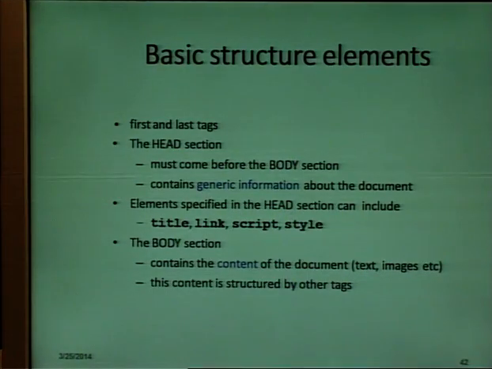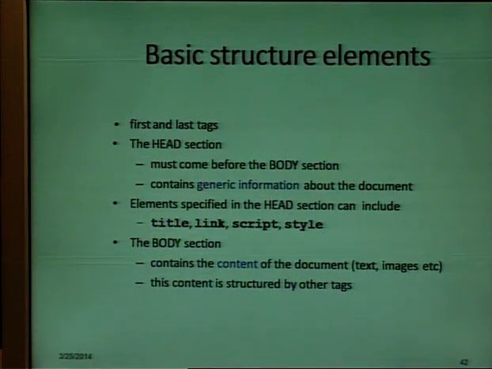By putting a heading you can differentiate between different web pages, by putting a head section in each HTML page. The elements specified in the head section can include title, link, script and style. So these are the things which can be present in the head section of an HTML page.